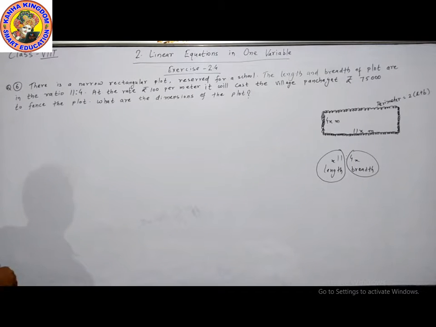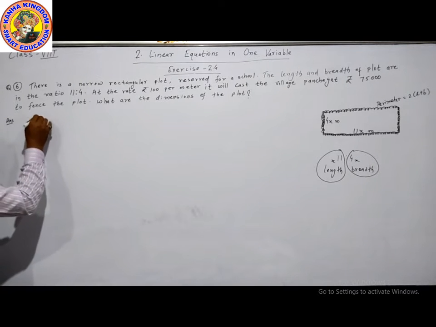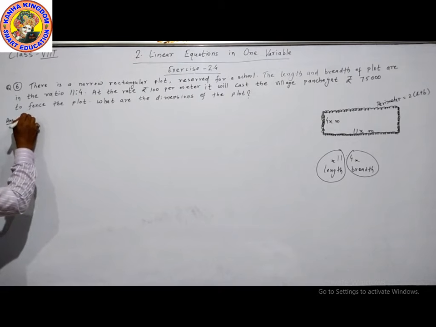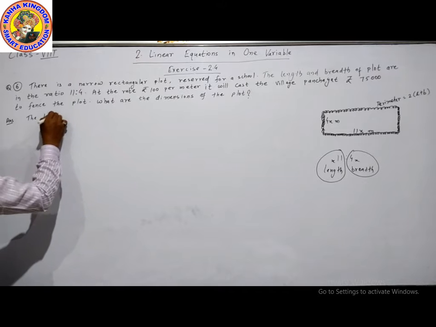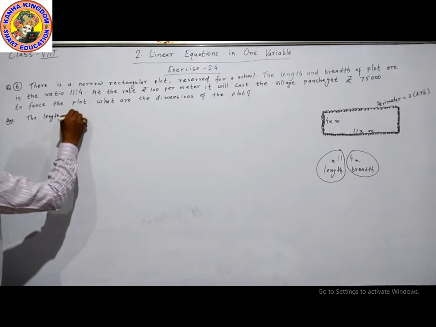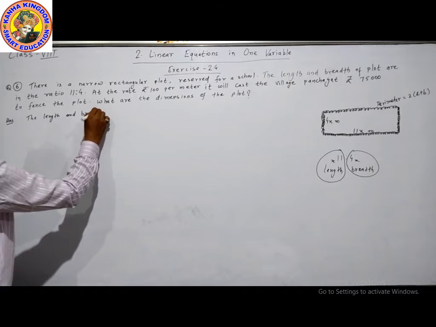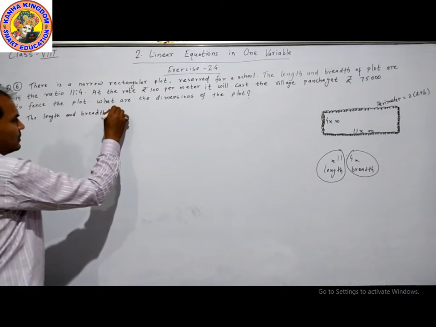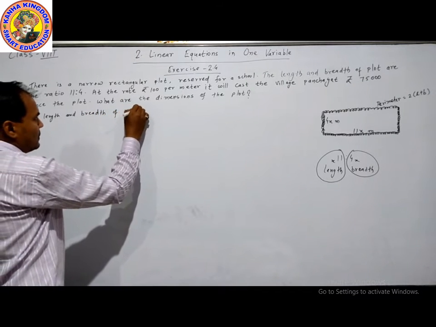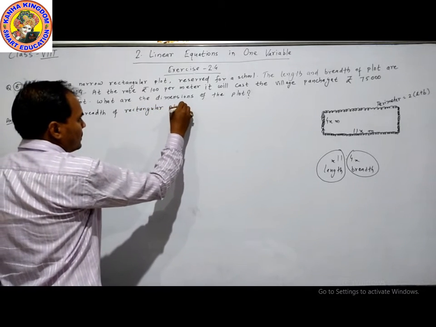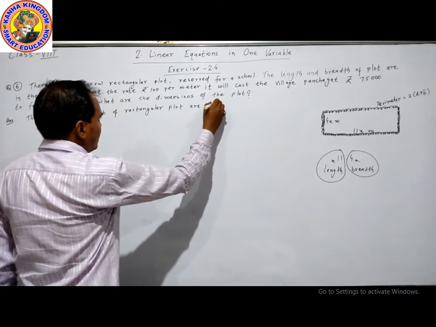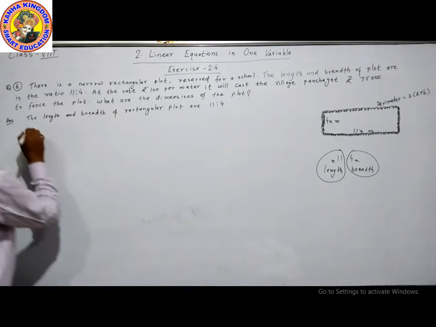What are the dimensions of the plot? Now we are attempting this question. Answer. The length and breadth of the rectangular plot are in the ratio 11 to 4.